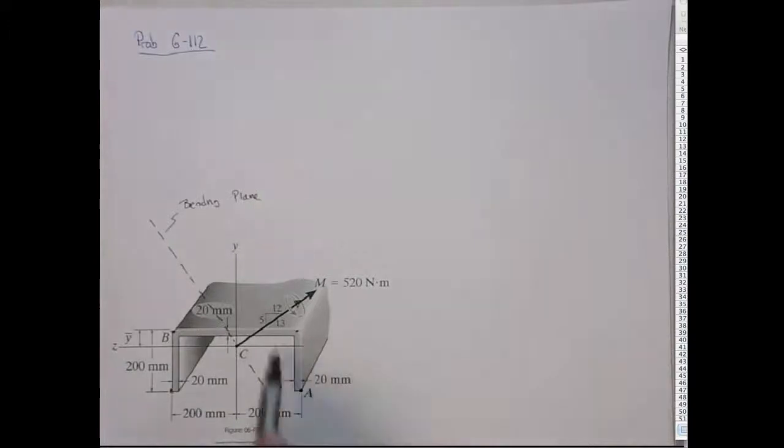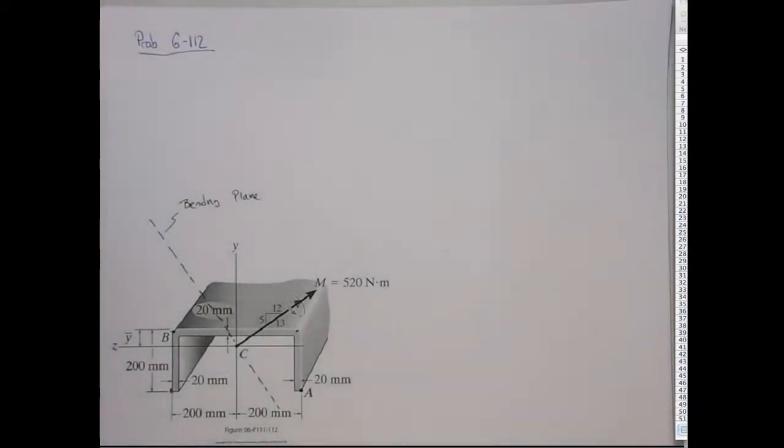Most likely, this will be a combination of tension and compression. When I'm talking about that, I mean the bending around the z-axis will be in compression, and the bending around the y-axis will be in compression, likewise here. You don't have to know that yet, but you can kind of guess at that by looking at the picture, all right? But if you don't, that's fine.